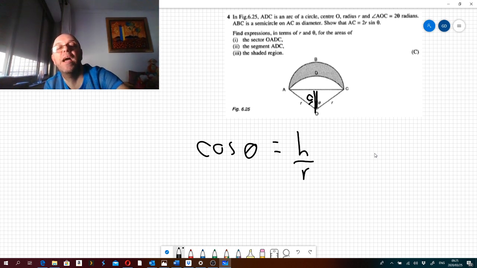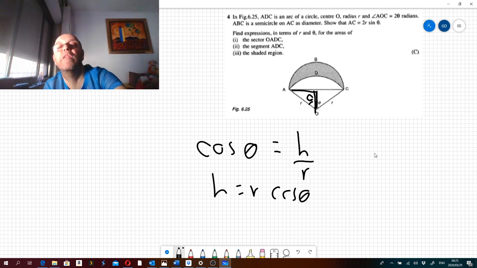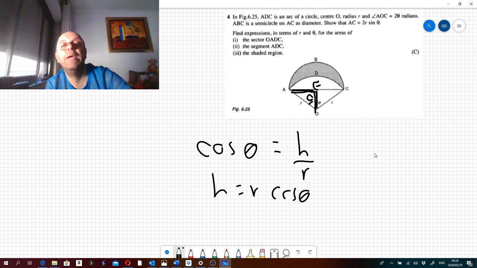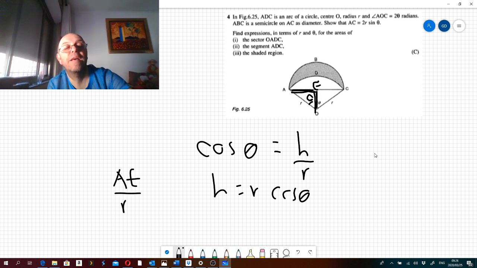But that means that the height is equal to r cos theta. Okay? Now, by the same token, this half of the line here, let's call that E over here. Okay, so AE, if I said that side over the r, I'd have sine theta, and therefore the AE can be expressed as r sine theta if I multiply the r across.